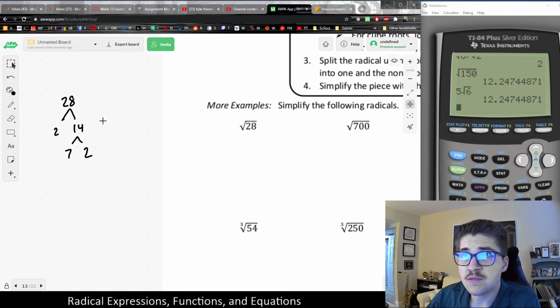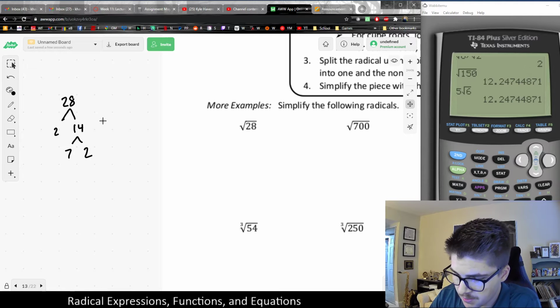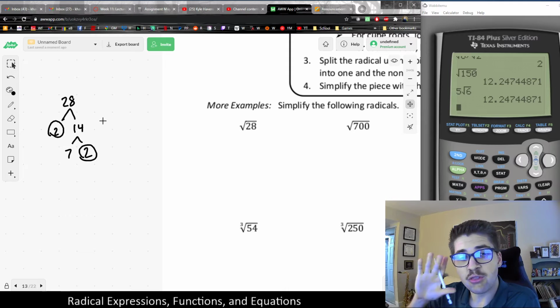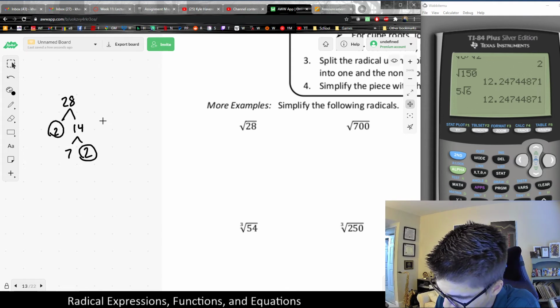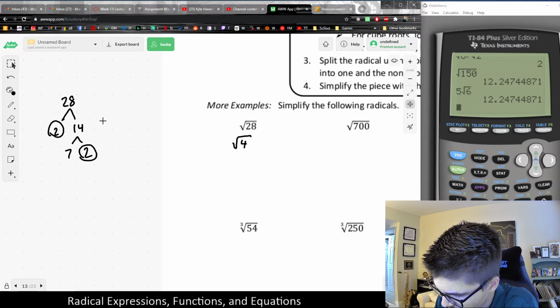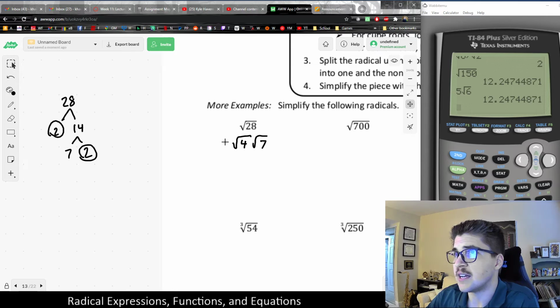Looking for factor pairs, there is a pair of 2s. That is what you want to split apart from the 7. So I could rewrite the square root of 28 as the square root of 4 times the square root of 7, because 28 is 4 times 7.